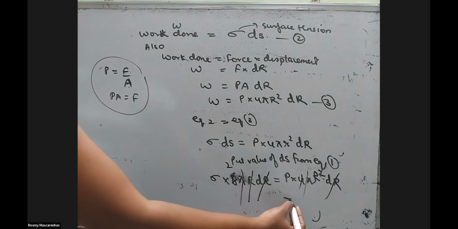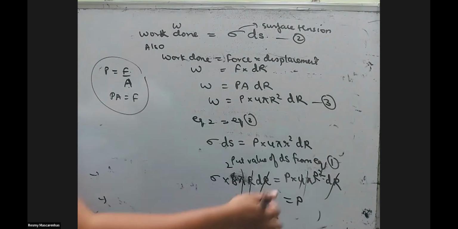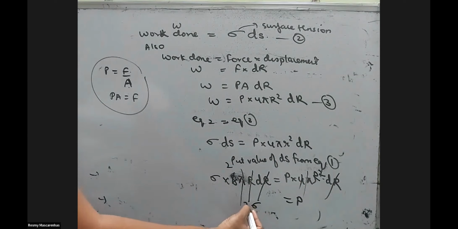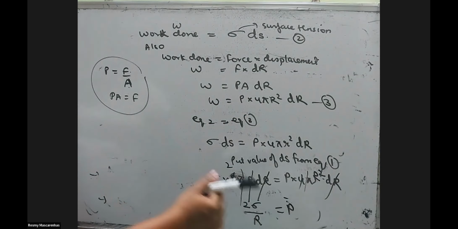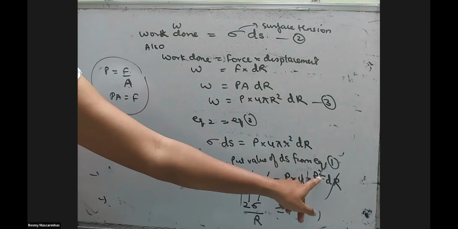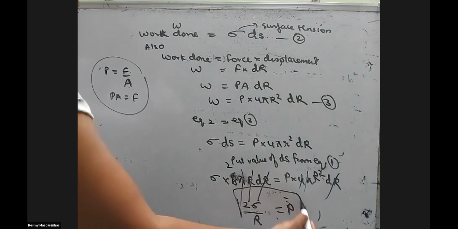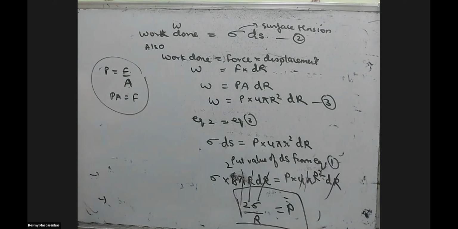So p you keep here only. One r is left. Sigma upon r. So this is what you will get after calculation. After cancelling out, 2 sigma upon r will remain. Out of r square, 1 got cancelled, 1 left, so I brought it here. So this is the pressure for a liquid drop.